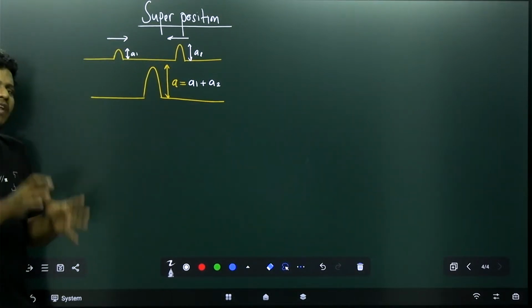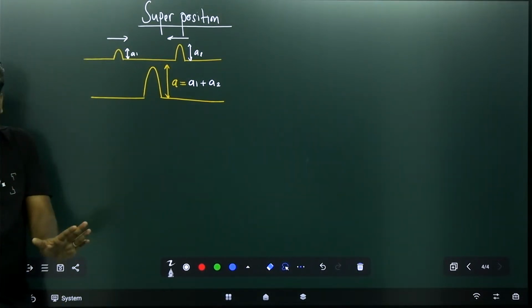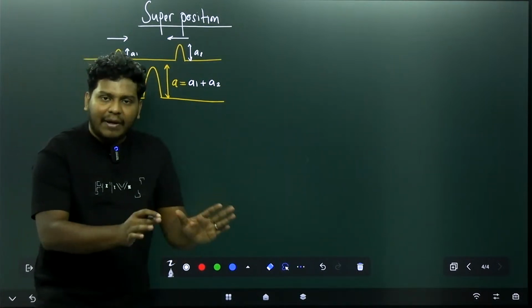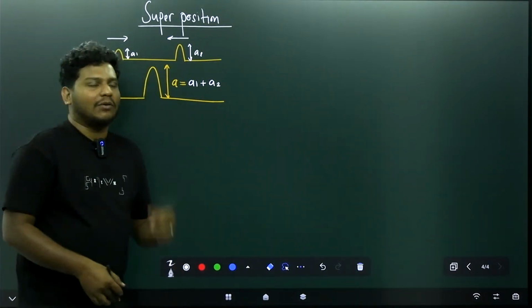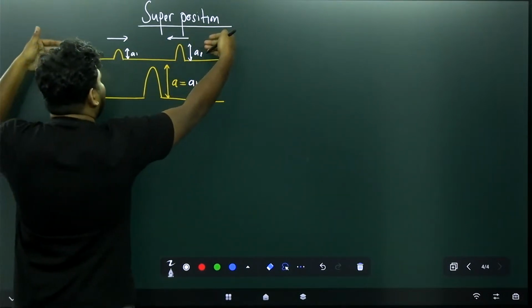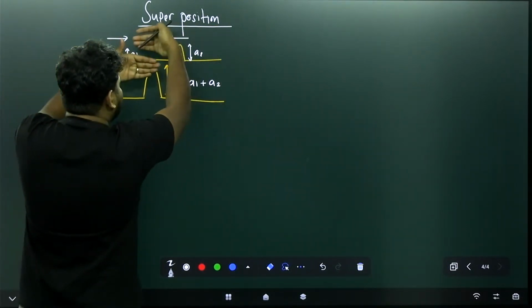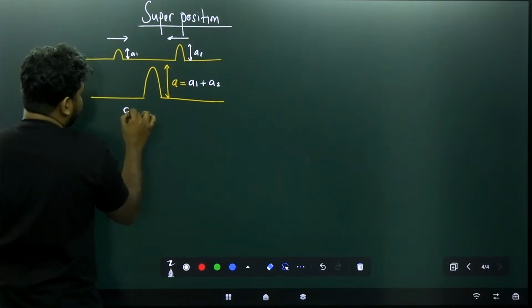After the superposition, what will happen? The pulses will move on in their own directions. This one is coming from this side, this one from this side, and superposition is happening here.